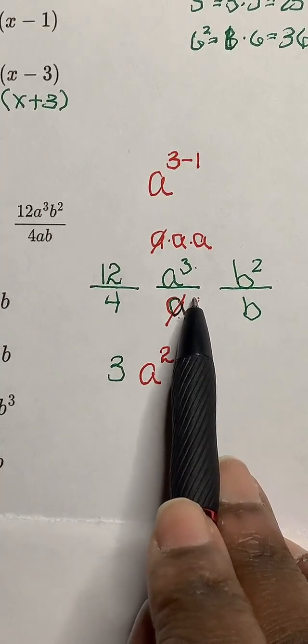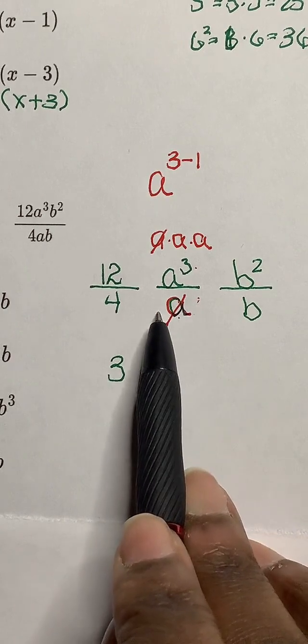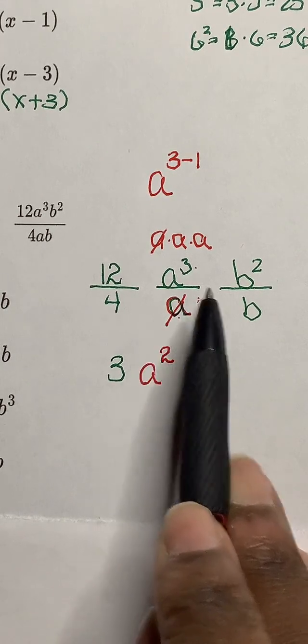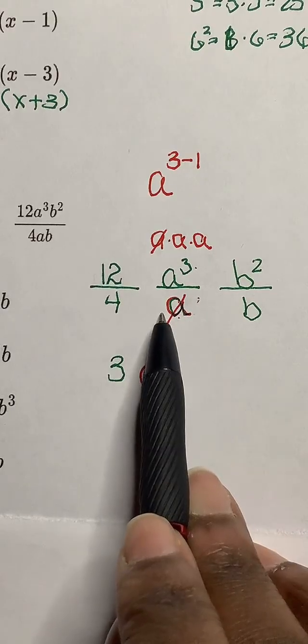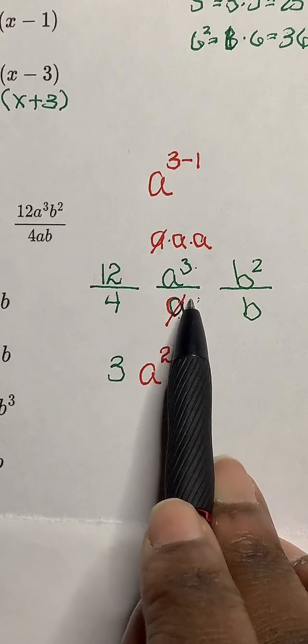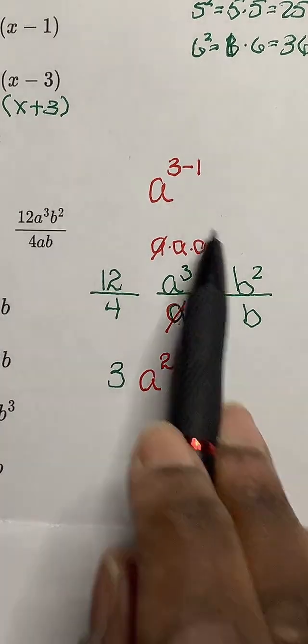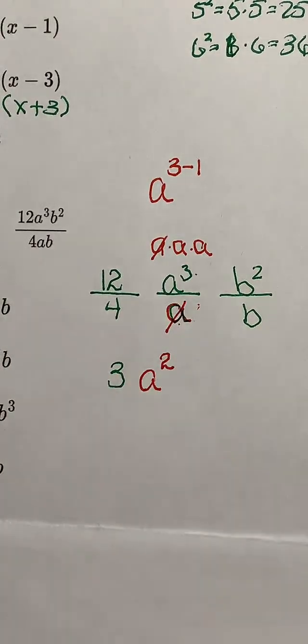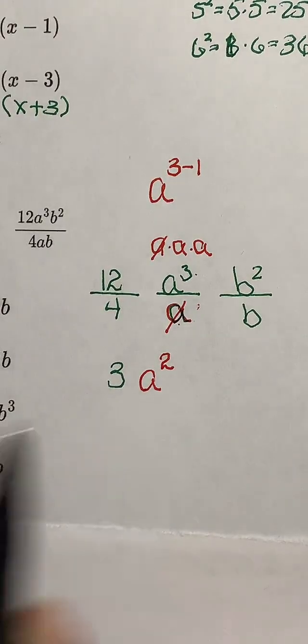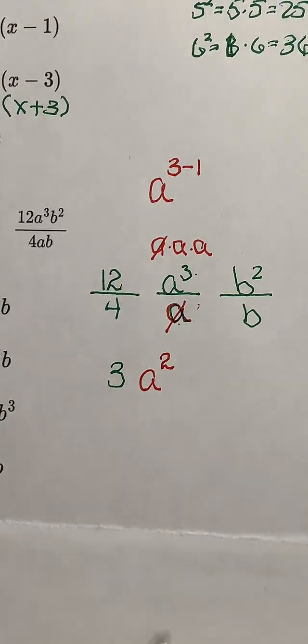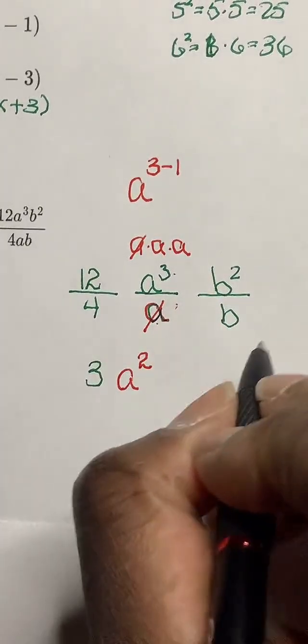But they're talking about the exponent and the leading coefficient. If you don't see anything in front of the variable or up in the exponent, it's assumed to be a 1. So now we're doing 3 minus 1, which gives me A squared. Same thing is happening with the B's. So let's do the subtraction.